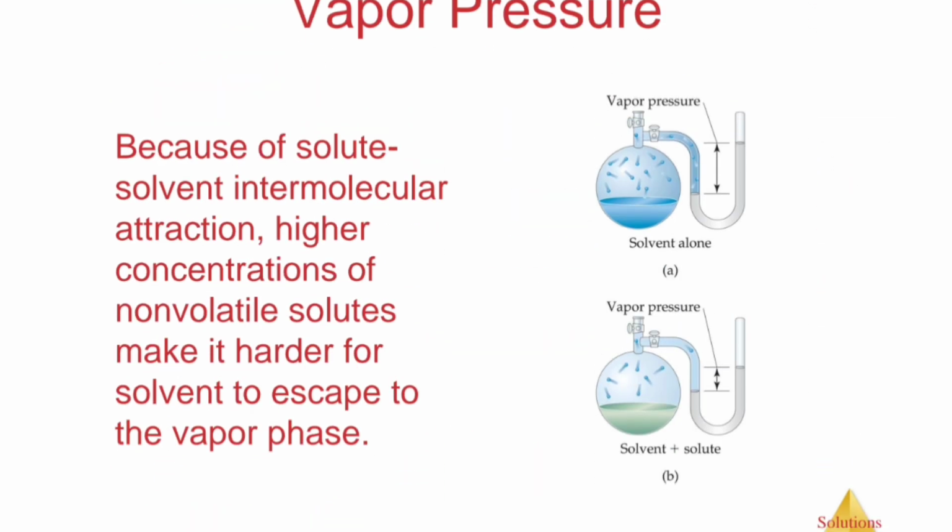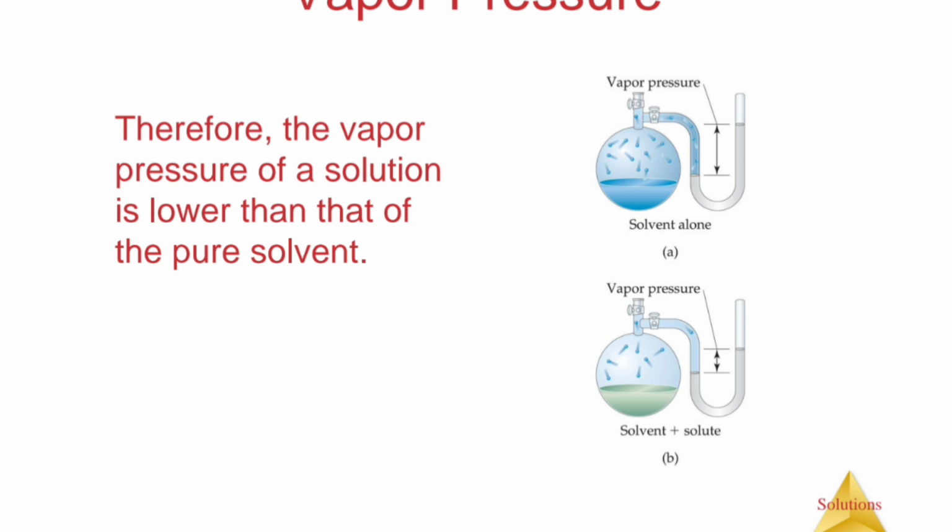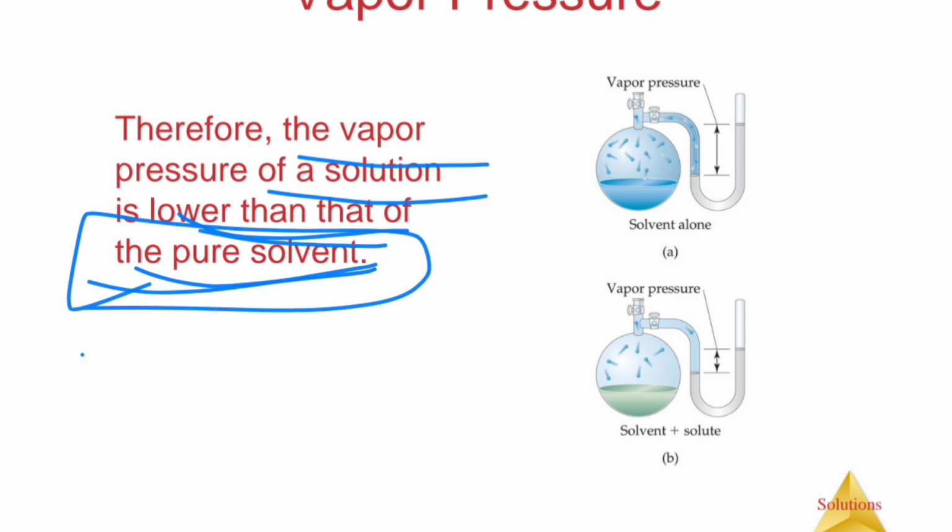Because of solute-solvent interaction, a higher concentration of non-volatile solutes makes it harder for the solvent to escape into the vapor phase. The vapor pressure of a solution is lower than that of the pure solvent because solute is added. That's why the vapor pressure of the solution decreases.